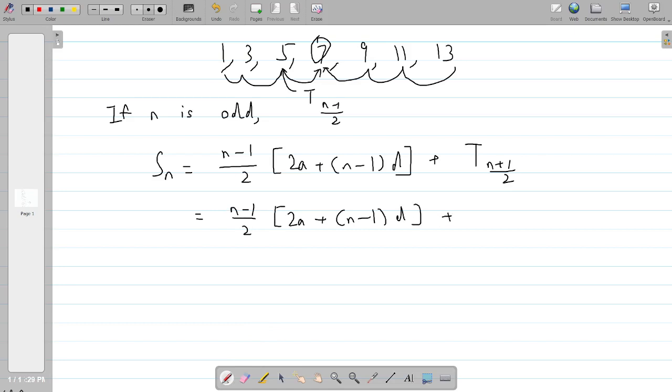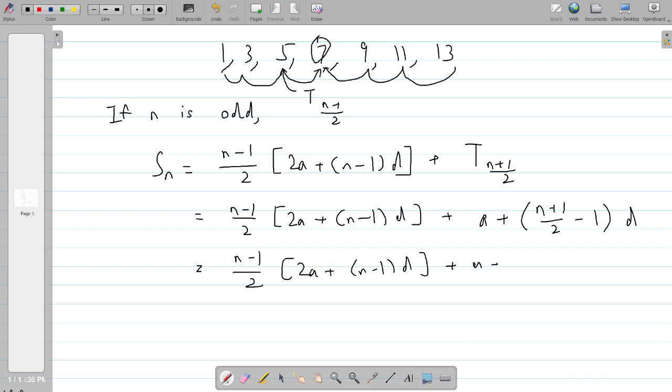So this gives us a plus ((n plus 1) over 2 minus 1) times d, which if we simplify, (n minus 1) over 2 times (2a plus (n minus 1)d) plus a plus (n minus 1) over 2 times d.